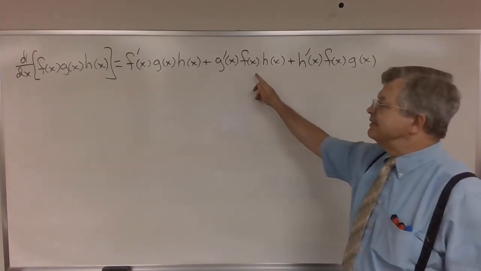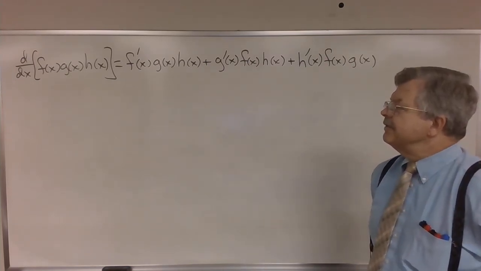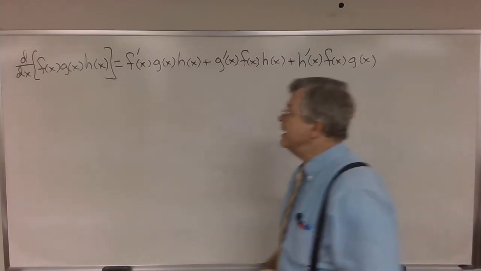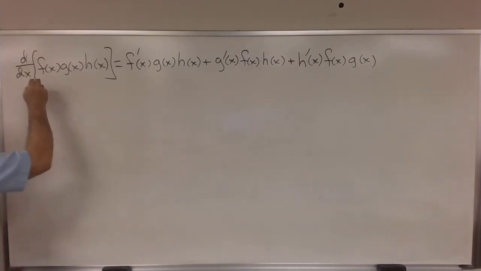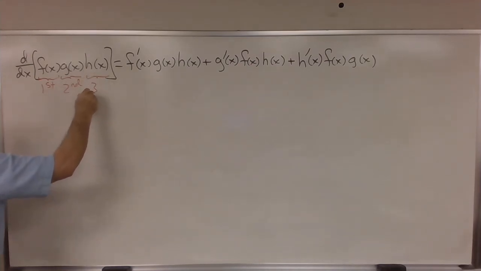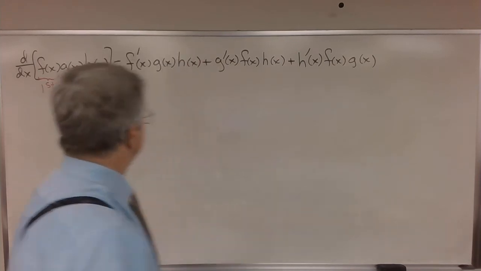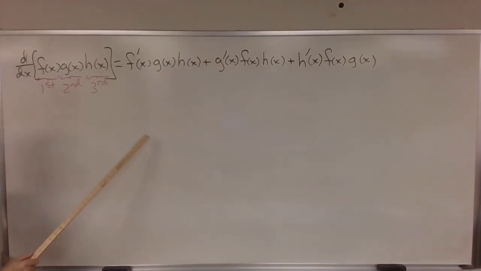Here's our result. And we want to look for a pattern. And to help the pattern jump out, I'm going to call this first. I'll call that second. And I'll call that third. And I think I really do see a pattern emerging. Let's see.